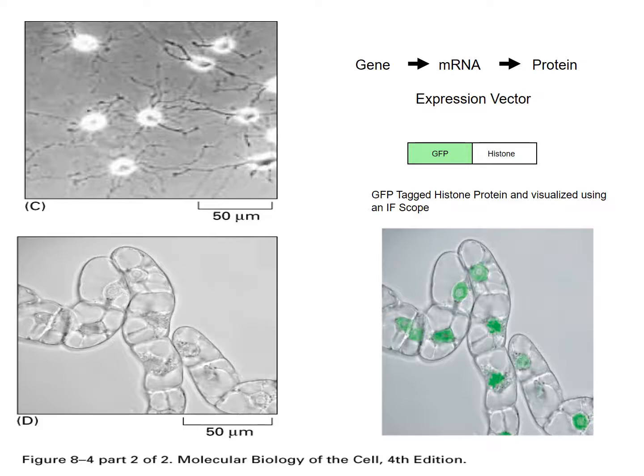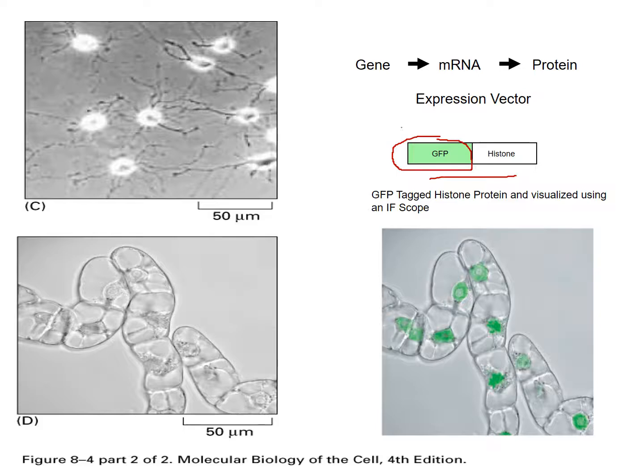Just wanted to remind you, in case you remember in genetics, where proteins can be tagged with a fluorescent protein, that is different from a fluorescent antibody. And we'll talk a lot about this in molecular, but in this case, we took the histone gene, added the gene for a green fluorescent protein.